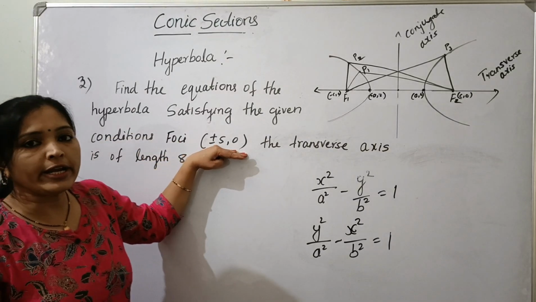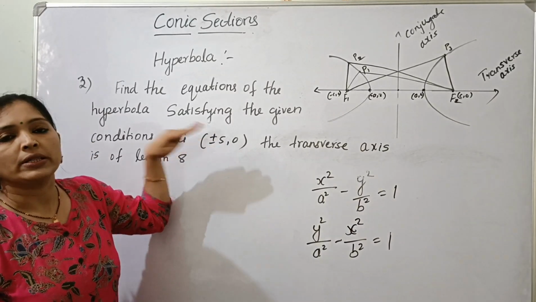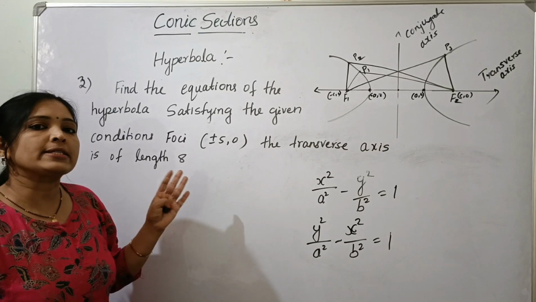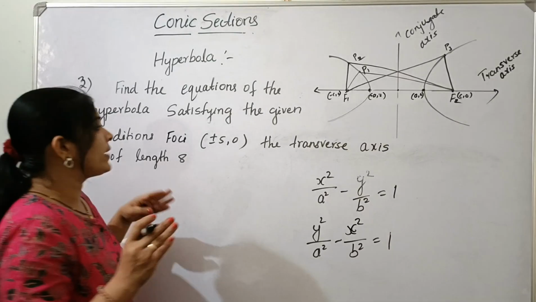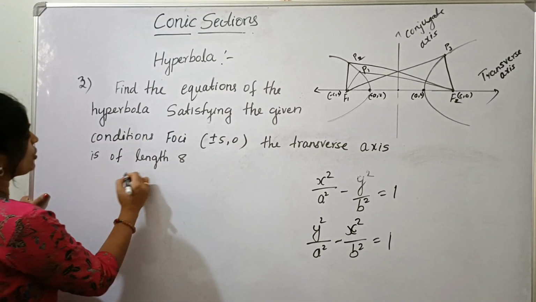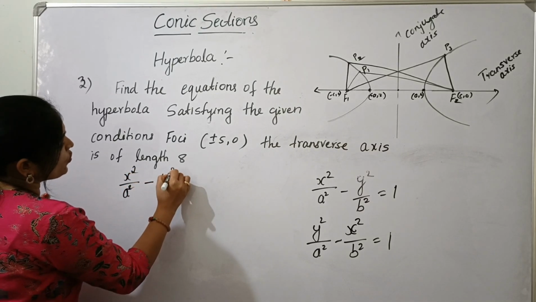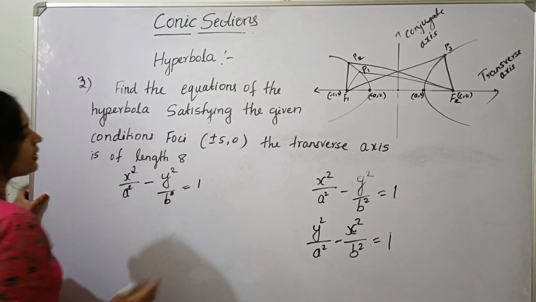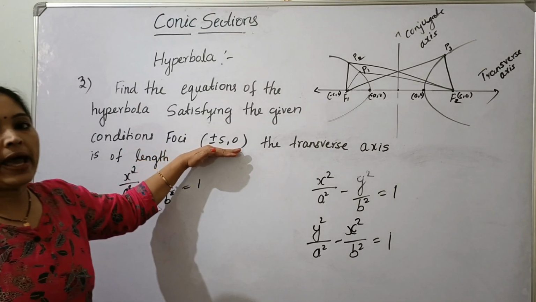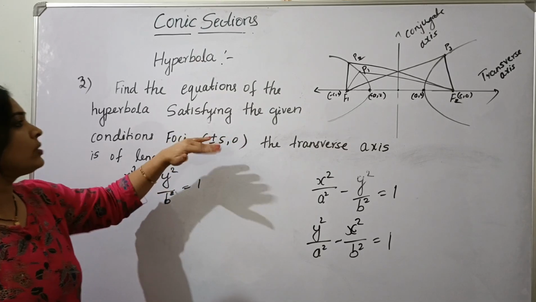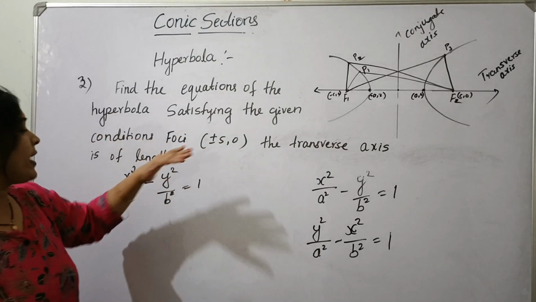Since the y coordinate is 0, these foci are lying on the x-axis, which means the hyperbola is along the x-axis. Therefore the standard equation of the hyperbola is x square by a square minus y square by b square is equal to 1.